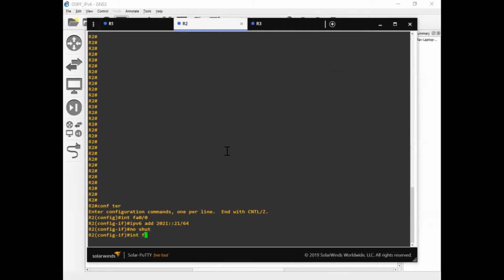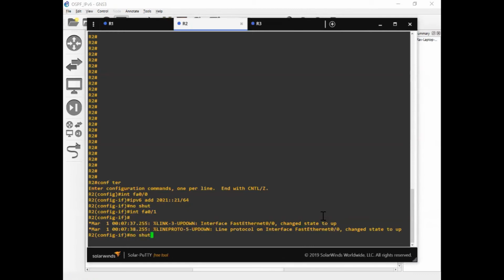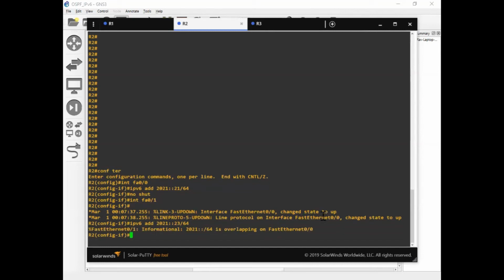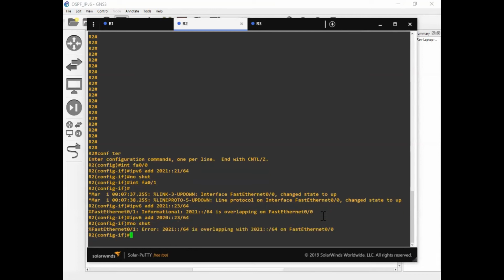Then I am going to interface FastEthernet 0/1, which is connected to this particular link. Again, I need to do it like that. This time I am connecting to 3, and what happened? Okay, it is overlapping. Let me just make it 2022 this side or 2020 this side. 2020, no shut.